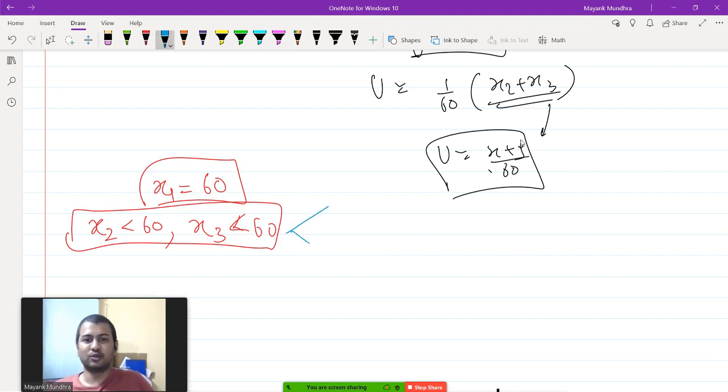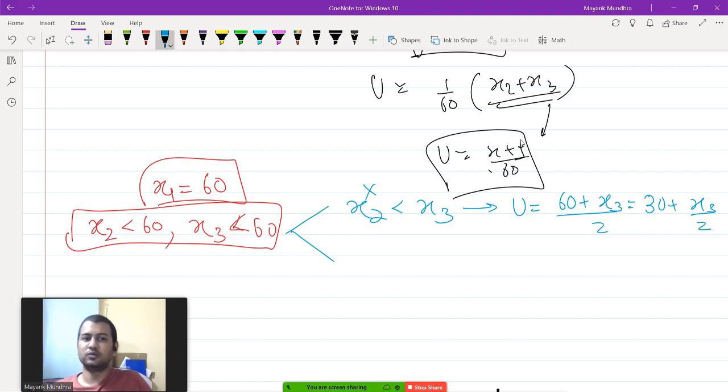So inside this there are also two cases. One would be x2 less than x3. In that situation you will drop off x2, and utility will be equal to 60 plus x3 by 2, which is going to be 30 plus x3 by 2.